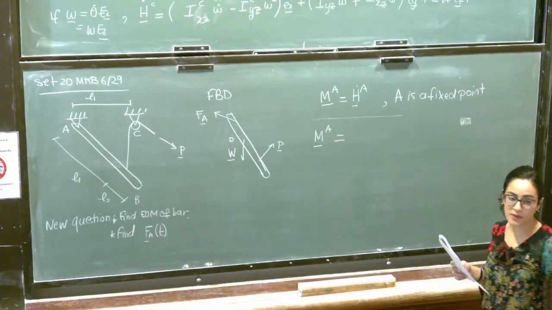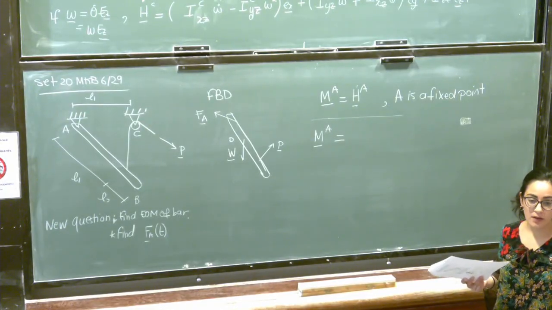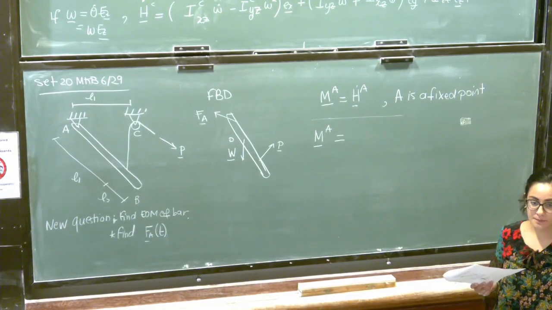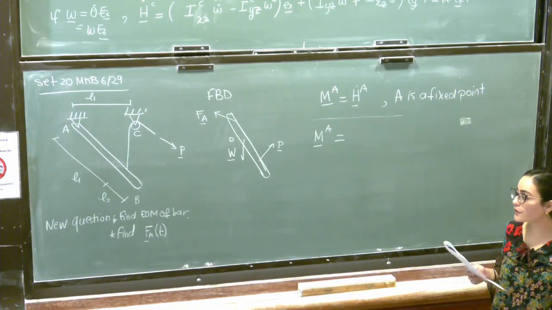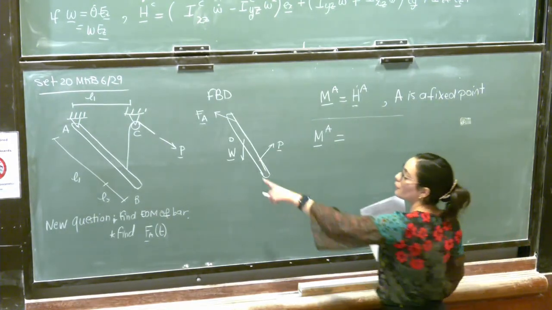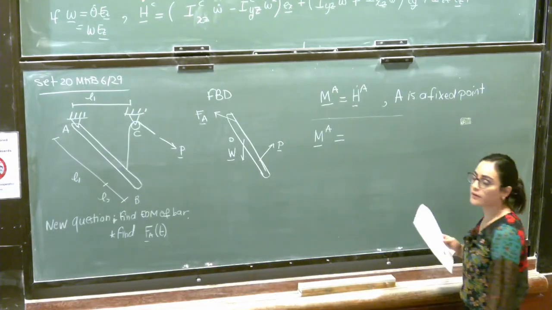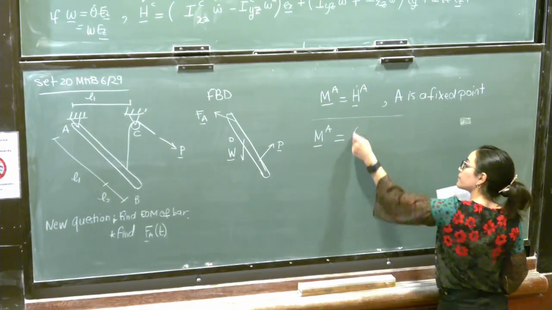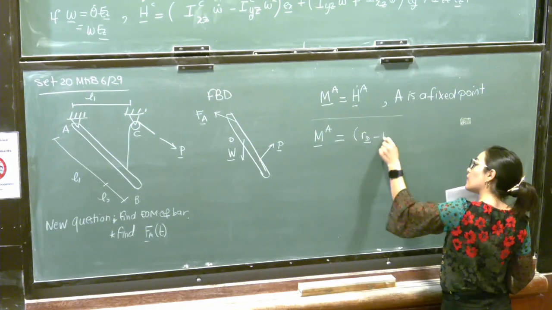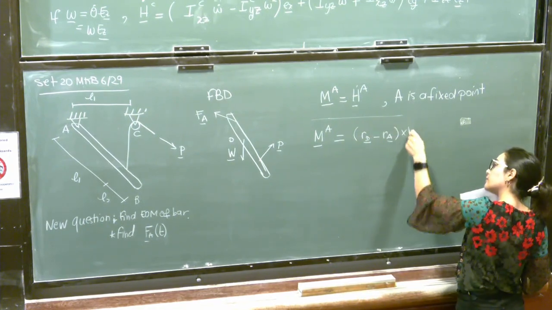If I want to start with the MA, how do I calculate the moments of all the forces about A? R cross F. So I'm going to start with the moment of the weight. That's what? RD minus RA crossed with the weight, right?